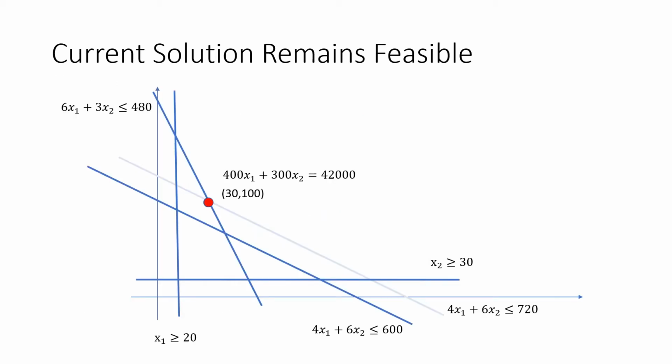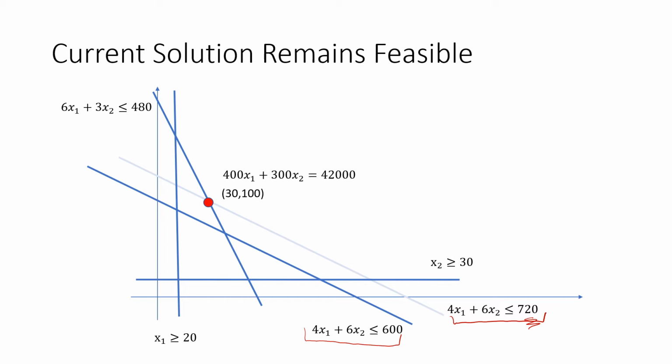So here's the example. Our original problem had the constraint 4x1 plus 6x2 is less than or equal to 720. Well, what if all of a sudden the hour availability for that machine drops and it becomes 4x1 plus 6x2 is less than or equal to 600? Well, graphically, you can see that this has the effect of moving that constraint down.